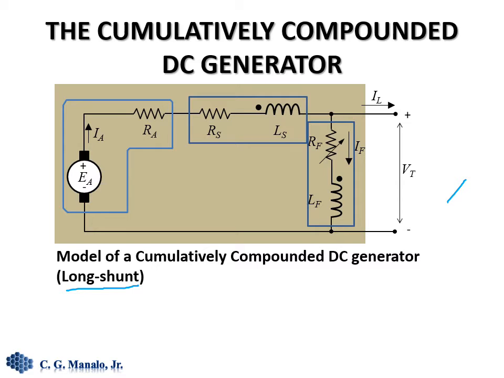This generator is called cumulatively compounded because the fluxes produced by the series field and the shunt field are additive, so they work together to produce a higher field flux or magnetomotive force. And the tendency is for it to produce a larger E sub A compared to a differentially compounded DC generator that we will discuss after this.